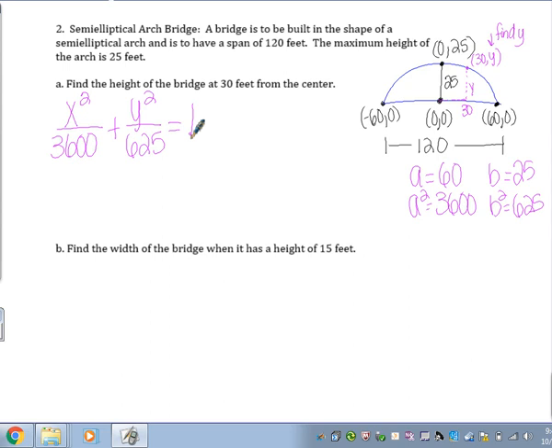All right, are you guys with me so far? Okay, now I want to find this point that's on the ellipse when I know that the x-coordinate is 30 and I need to find the y-coordinate. So what do you think I'm going to do with those values? Plug in 30 for x and solve for y. Good.